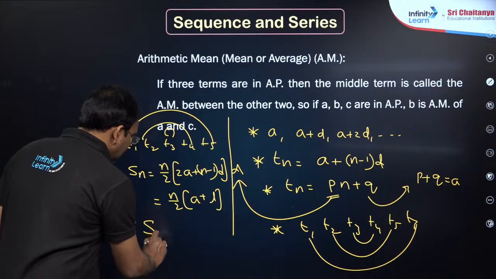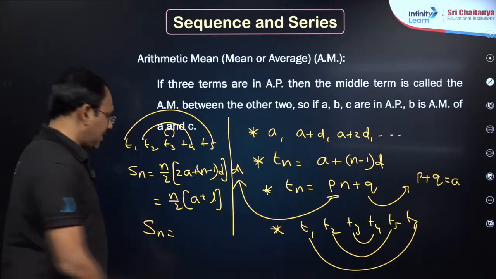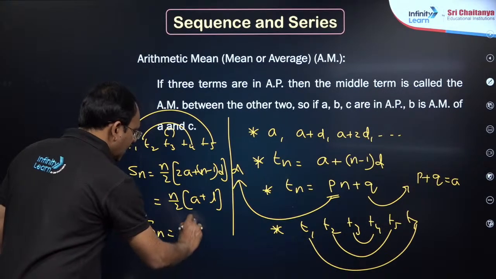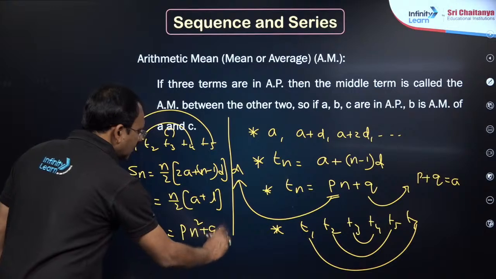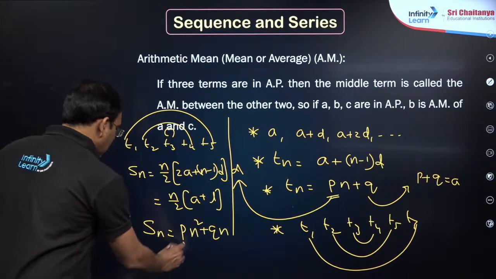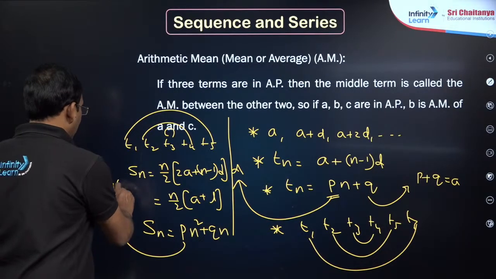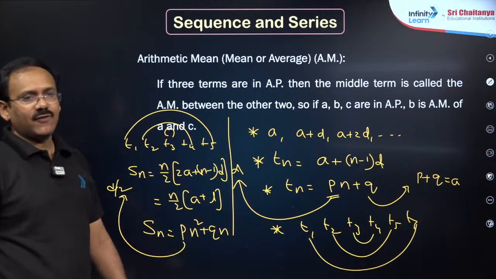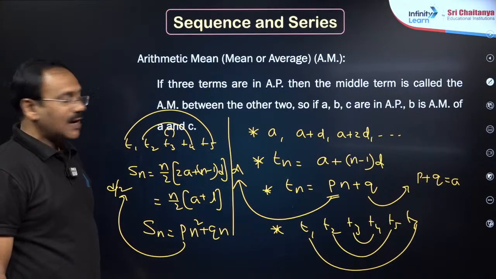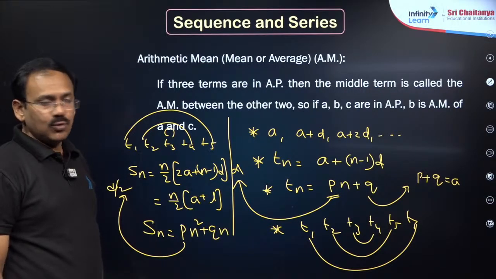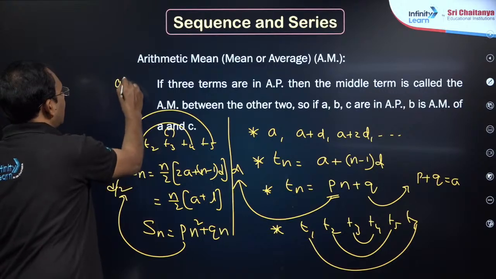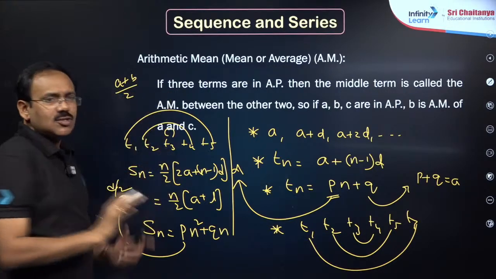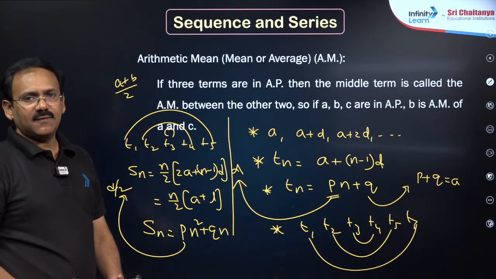Generally, Sn of an AP can be written as Pn square plus Qn, where P is the common difference by 2, and P plus Q is the first term. After that, the arithmetic mean of two numbers is nothing but (A plus B) by 2. That is all about AP, my dear friends.